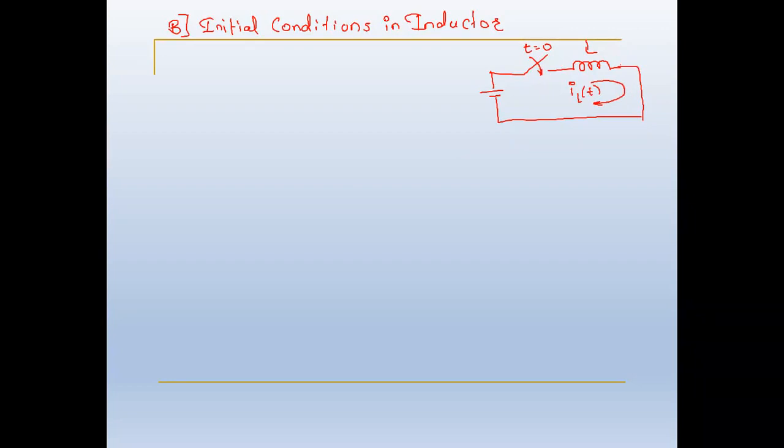So consider an inductor connected to a voltage source across the inductor. In case of an inductor, the relationship between the voltage and current is given by VL is equal to L into di by dt.